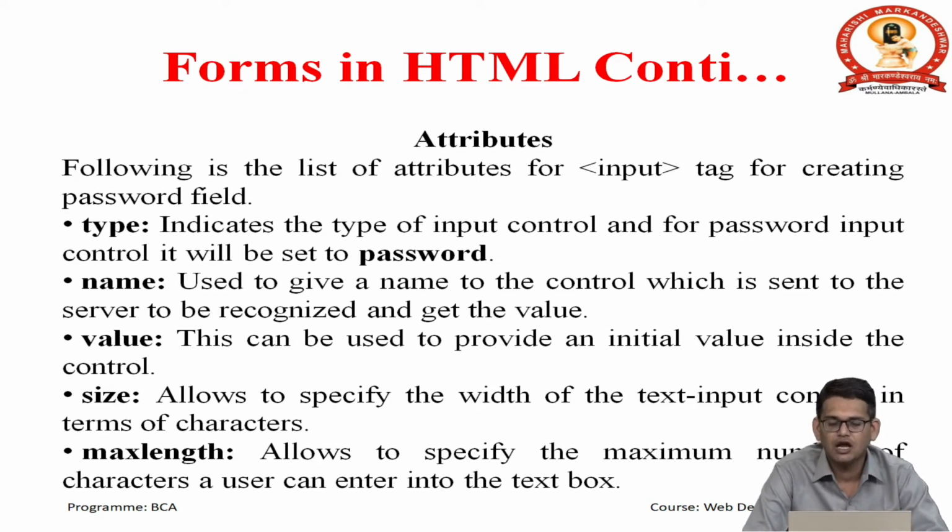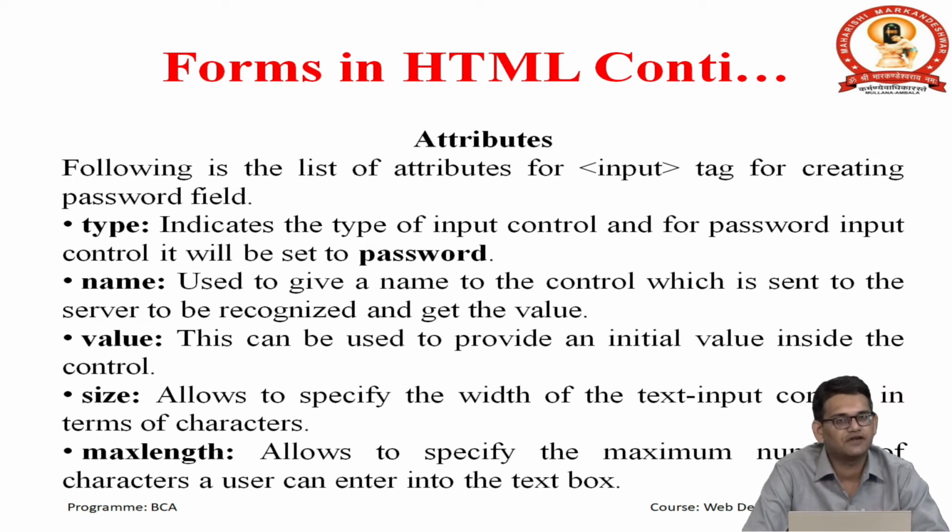Then size allows you to specify the width of the text input in characters, how many characters in length. So we can provide the size of that input type element. Then there is maxlength, the maximum length of input that can be taken in that box. You already know that when you are filling a form, it may say the name should be 15 characters at most.